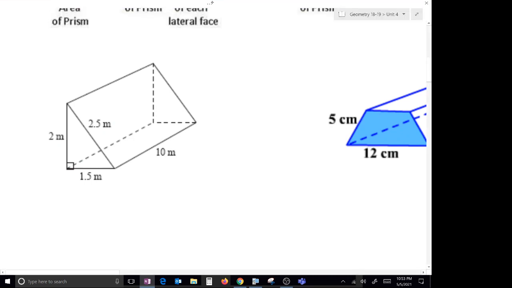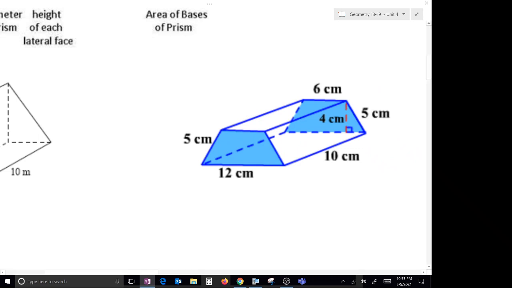You can actually see it better on this one here. If you notice, we've got these two trapezoids that are opposite each other, but all the rest of the shape is made of polygons. So we've got all these rectangles around the rest of it, and then we have two bases that are congruent and they're parallel to each other.